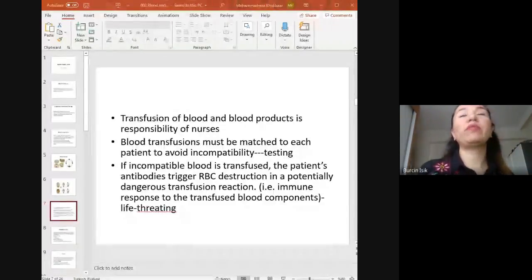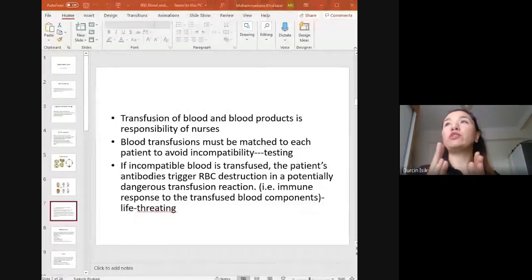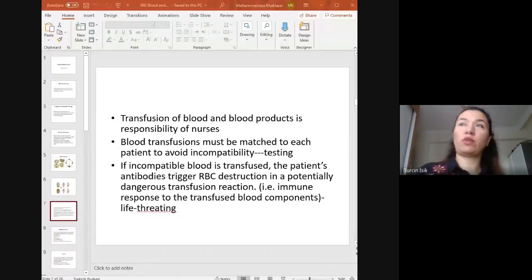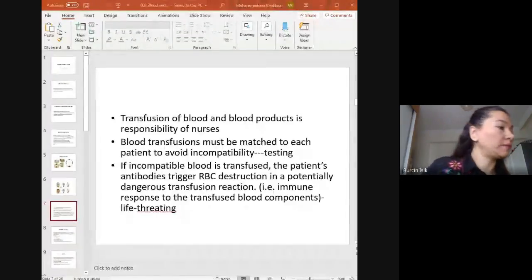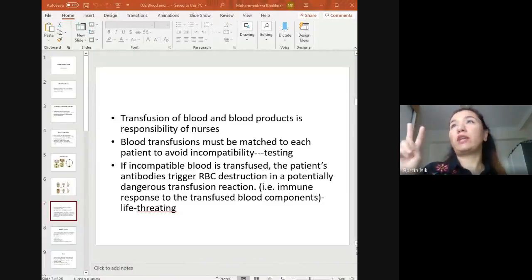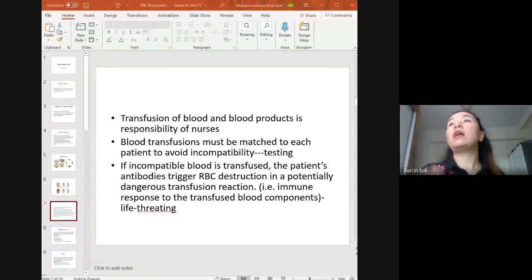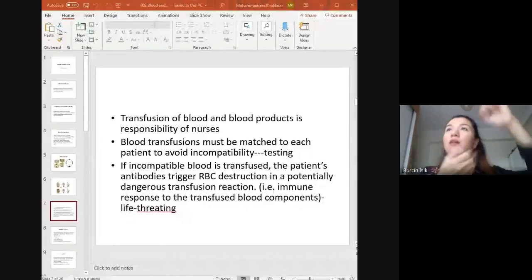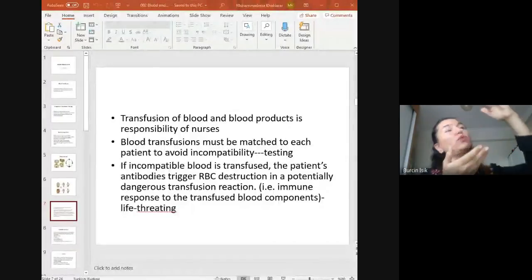So you need to wait in room temperature, until it is the same temperature as the room and body, and then you can inject it. And it's important that two nurses check that it's correct.